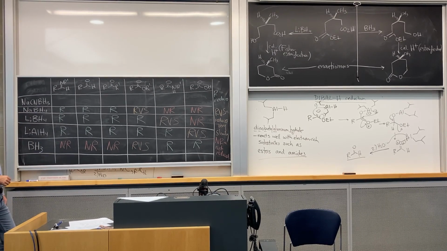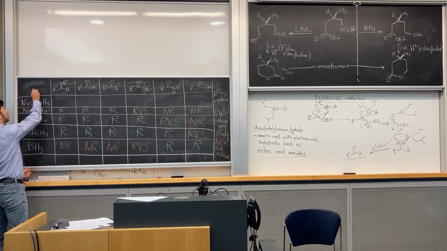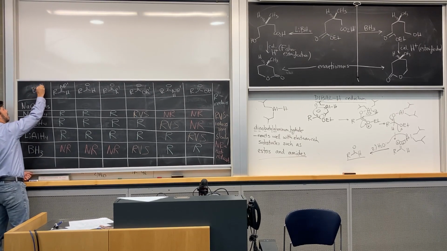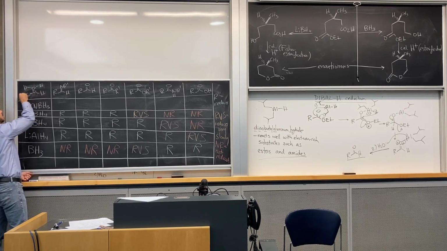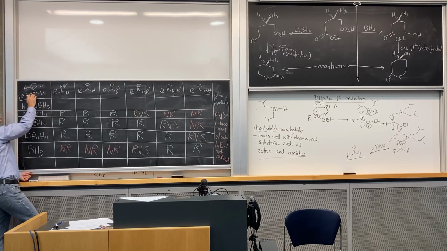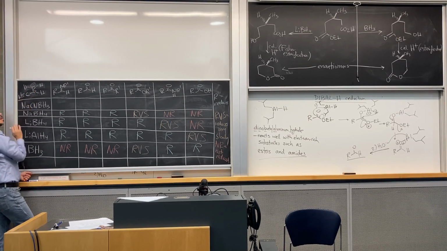Sodium cyanoborohydride looks like this. Here you have a nitrile group attached to this negative boron. So instead of BH4, you have the cyano group. And if you compare the nucleophilic strength of this compound versus BH4, which one's going to be a stronger nucleophile?